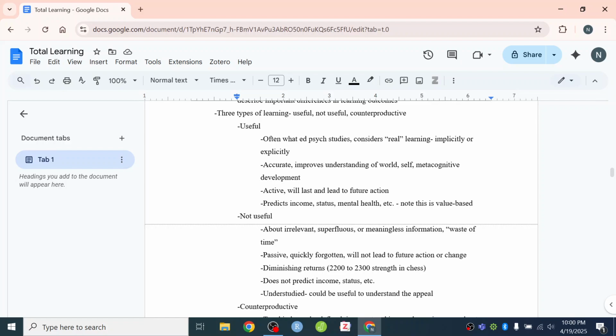Again, we'll talk about this in the use cases. In order to understand the appeal: why do people choose to go out of their way to learn, say, a bunch of factoids about geography that they don't seem to have any use for? They just want to go learn it. What's the appeal of that kind of learning? Can we get that appeal to transfer over into learning that we consider to be useful?